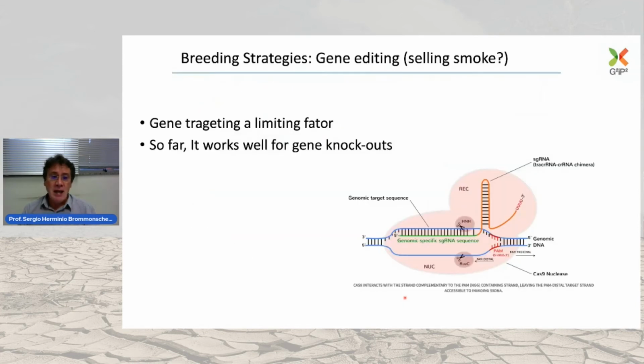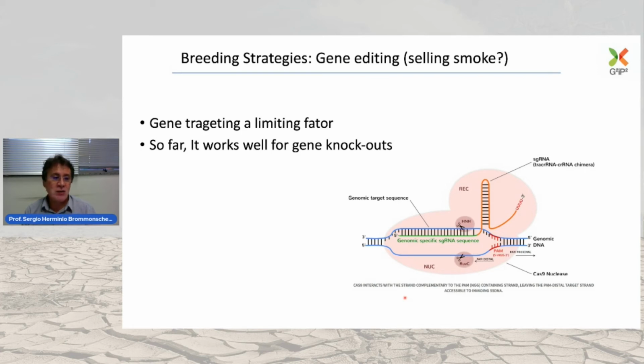Okay. Another strategy that people are thinking about using for disease control is gene editing. I put here a question mark because at the moment we do not have very many examples of using this strategy for disease control, at least for fungal disease.